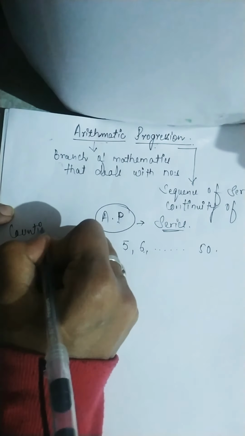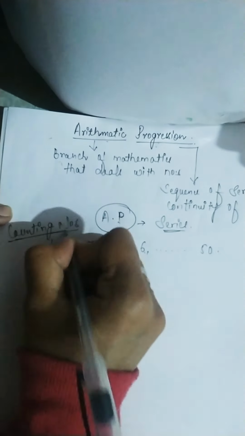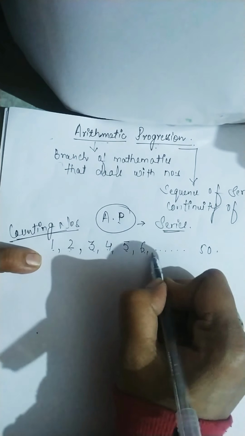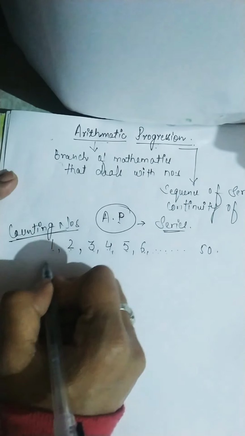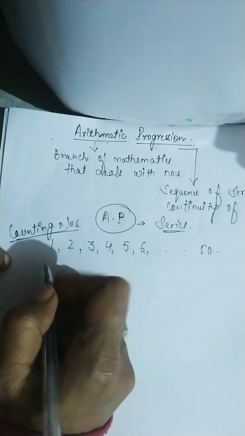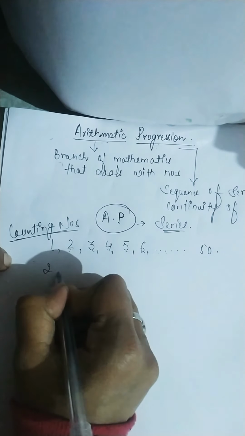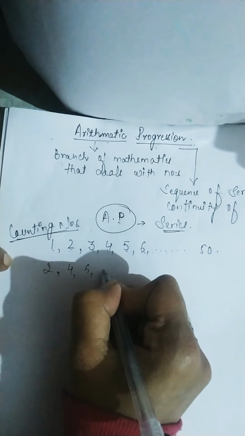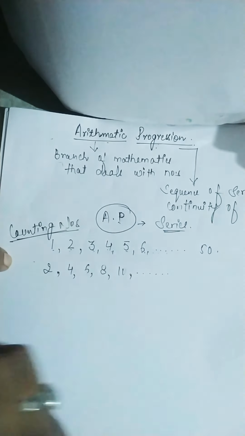They start from 1, 2, 3, 4, 5, 6, 7 and go on. So if I write another series of numbers, like let's say even numbers, 2, 4, 6, 8, 10 and so on.